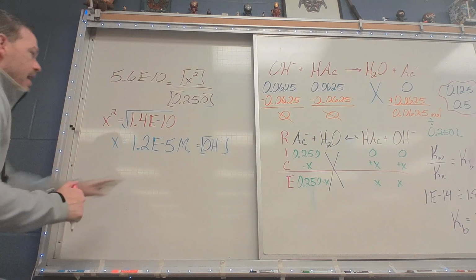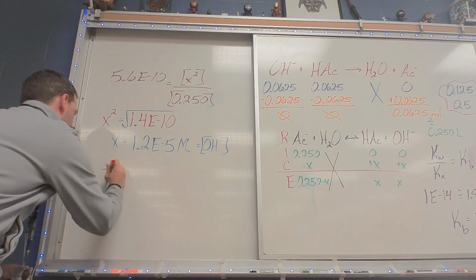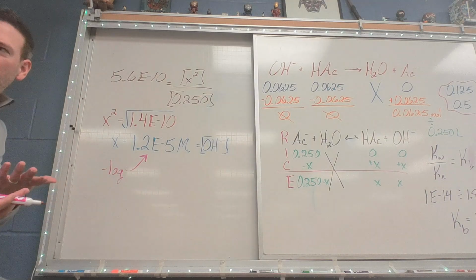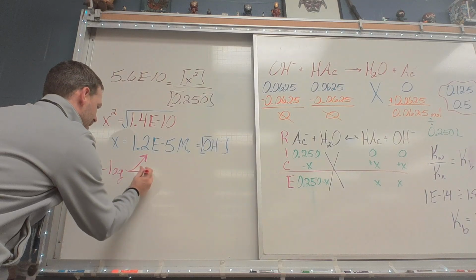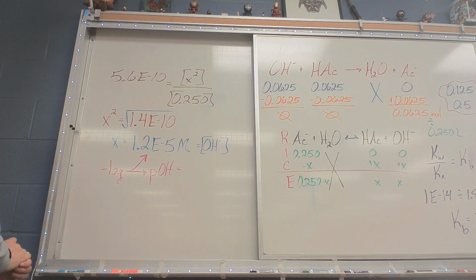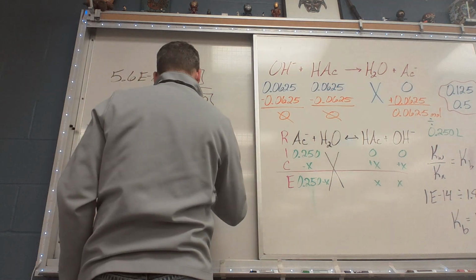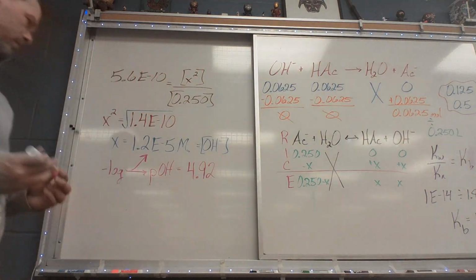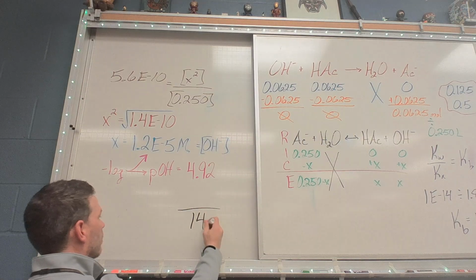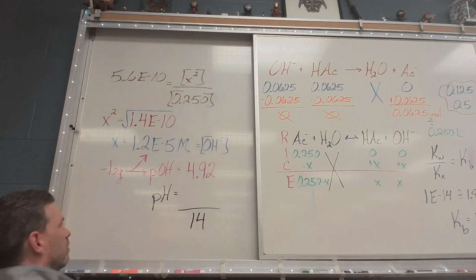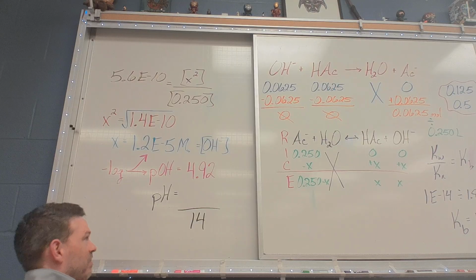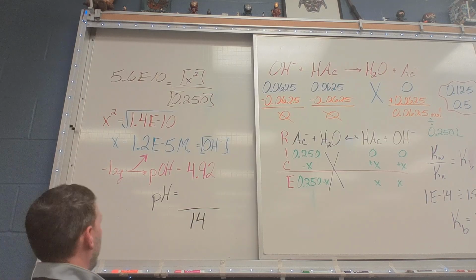Which means, since we have a strong molarity, we just have to take the negative log of it, and it will give me, well, a POH because it's hydroxide. I get a pH of 9.08.